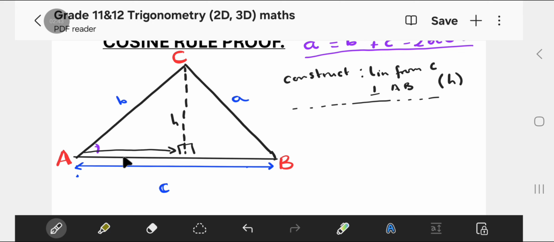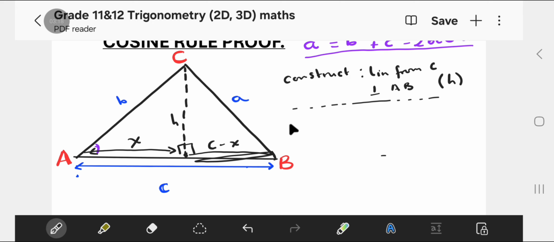Let's call this line X. So it means that this line from this point up to B, since this whole line is C and this is X, must be C minus X, like that, right?